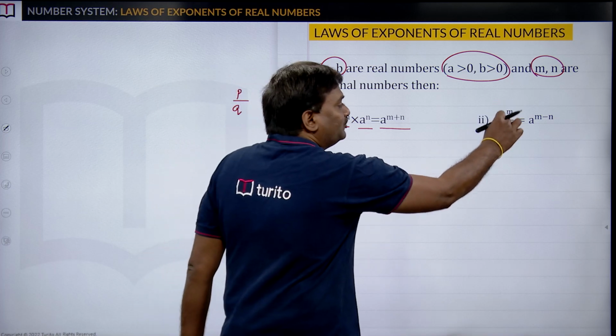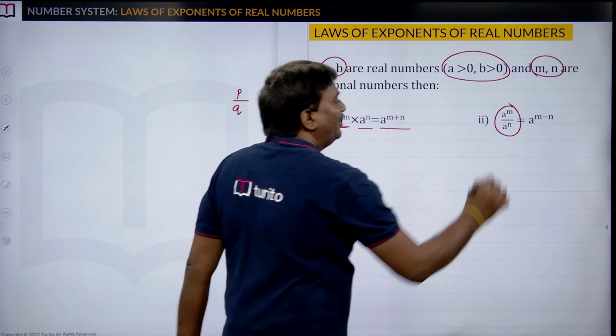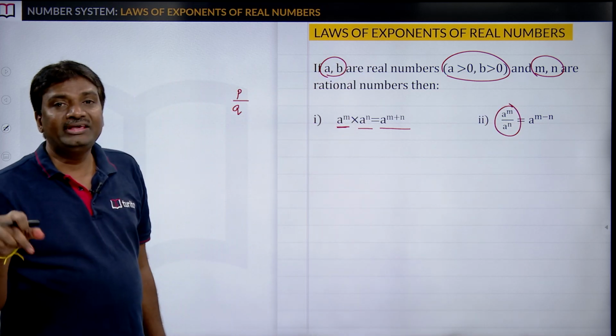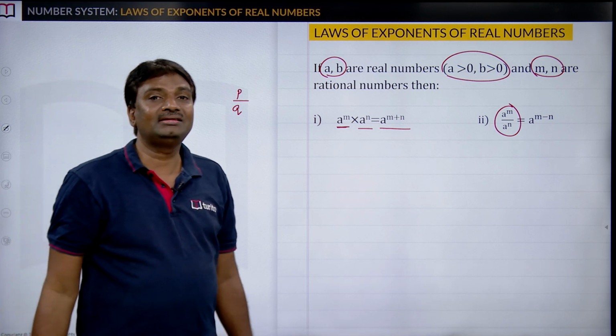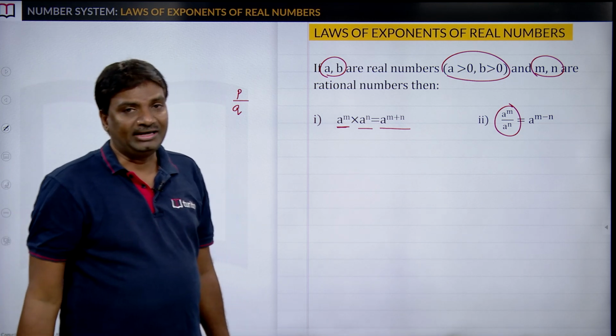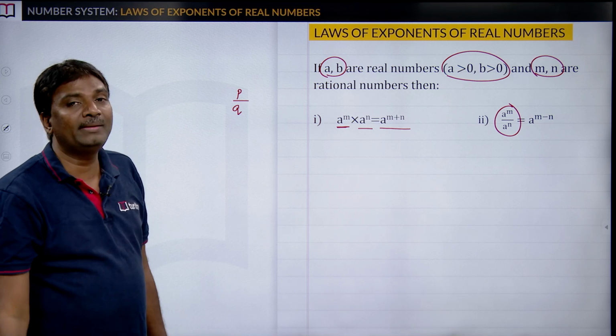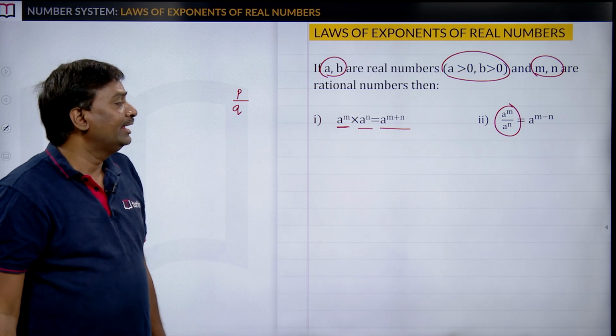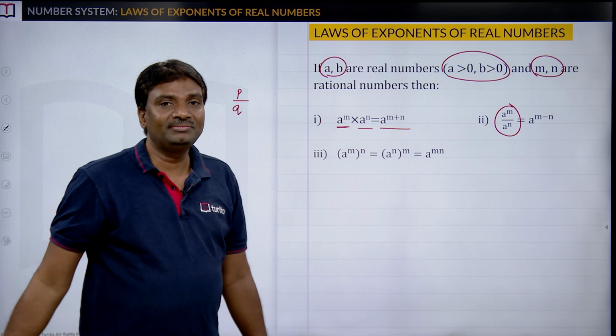Here also in numerator and denominator we have the same base but the powers are different. So, if we have A power m by A power n, then we can write A power m minus n.